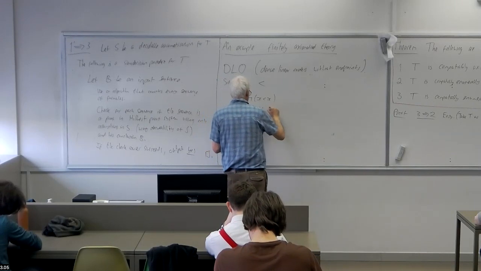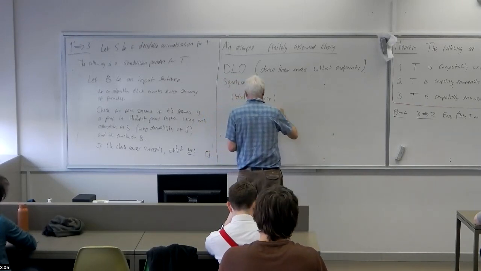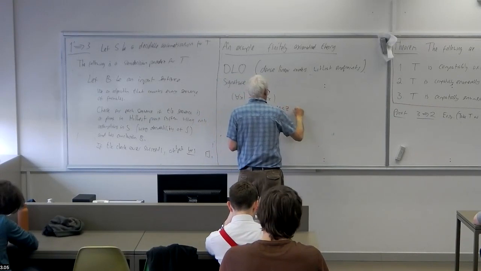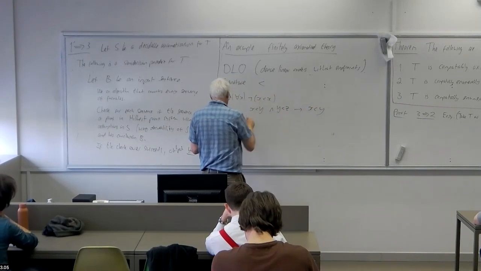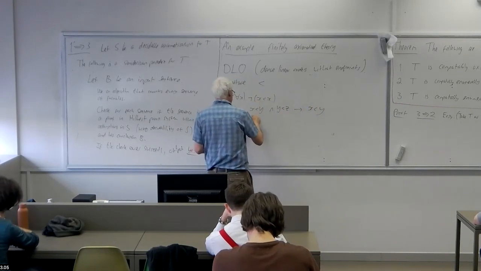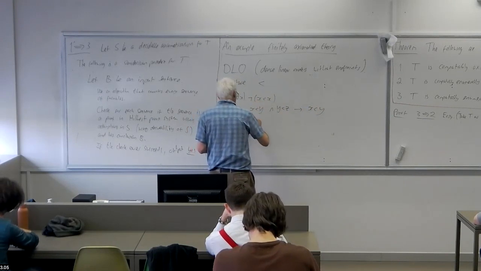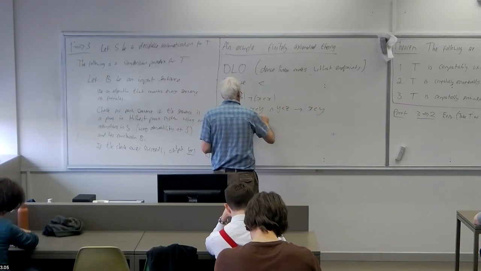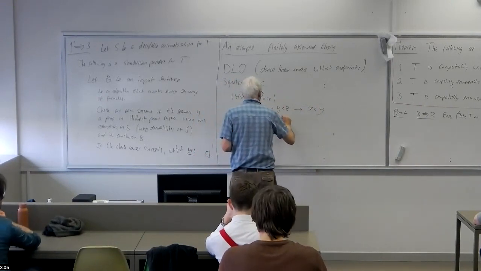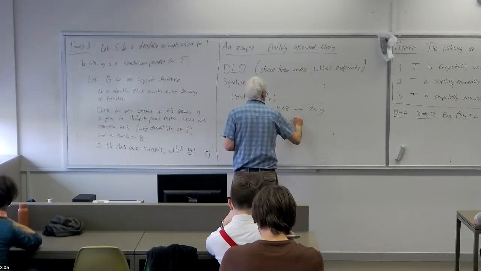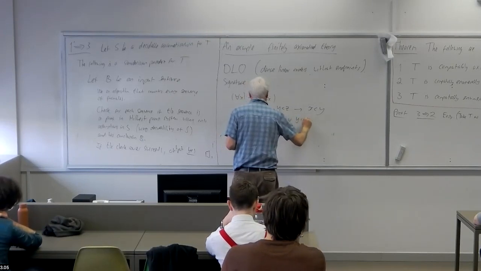So we have the axioms for a strict linear order. The transitivity axiom, the non-reflexivity, irreflexivity, and the trichotomy axiom for a linear order: that any two x and y that are distinct from each other, one of them is below the other.